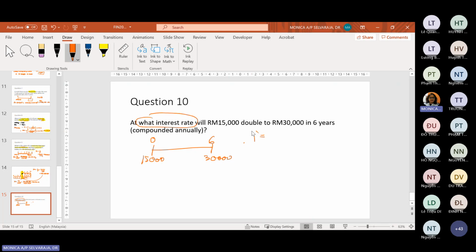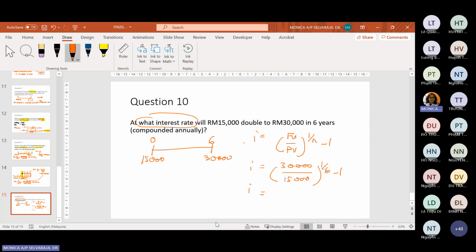So the interest rate formula is, okay. What's your I?